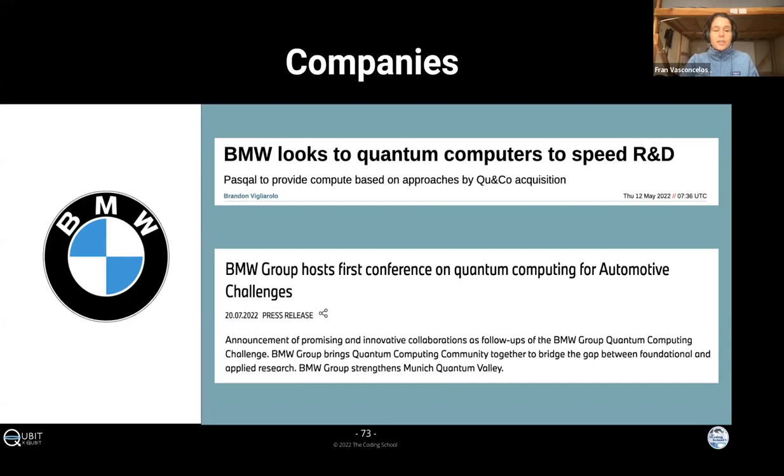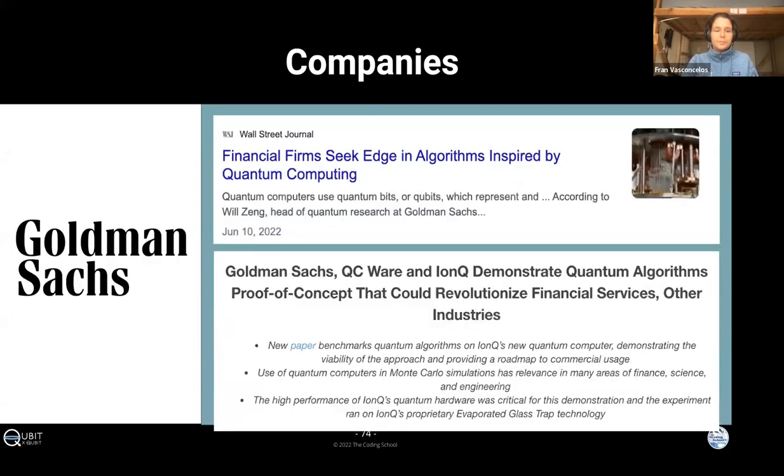There's a lot of automotive industries that are really interested in using quantum computing to improve their supply chain. BMW, namely, is hosting a conference on quantum computing for automotive challenges. But yeah, a lot of big car companies are currently investing in quantum computing.